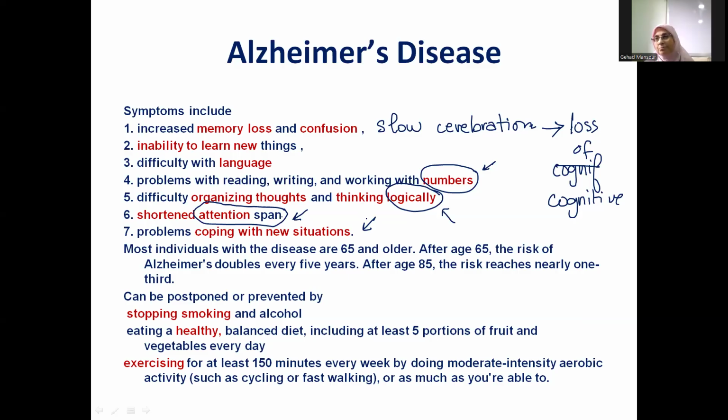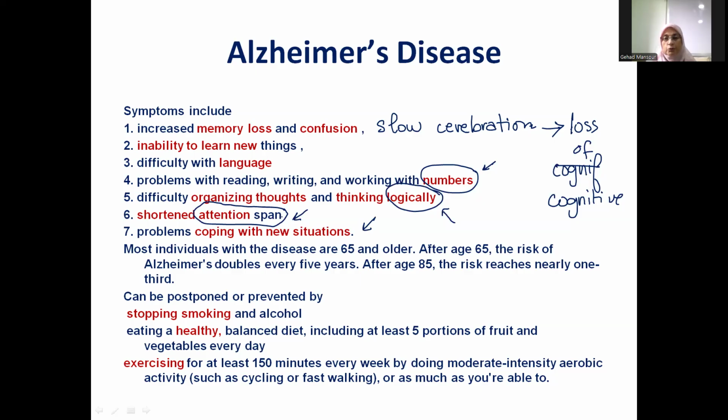It's a mild case of Alzheimer, but she can cope with old situations. When you talk to her about old memories and old situations, she can give you a good comment about them. But new situations, it's difficult for her to answer questions about, for example, how to manage a certain context or a certain situation.